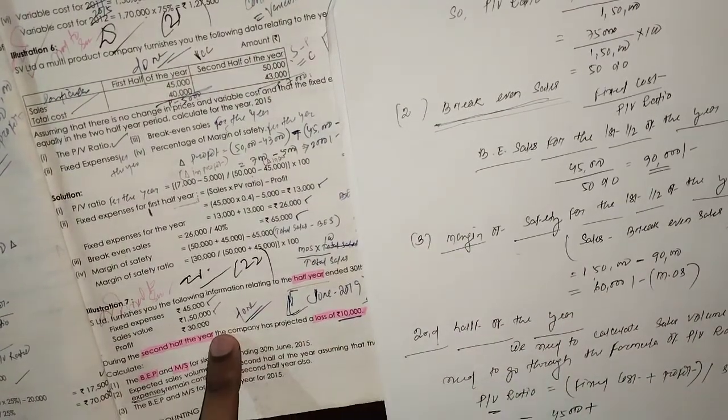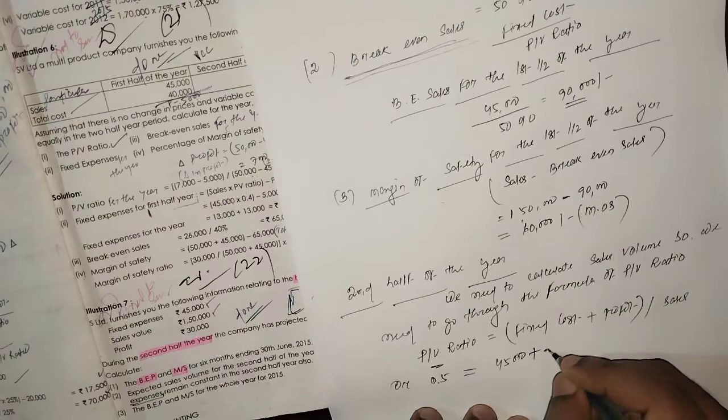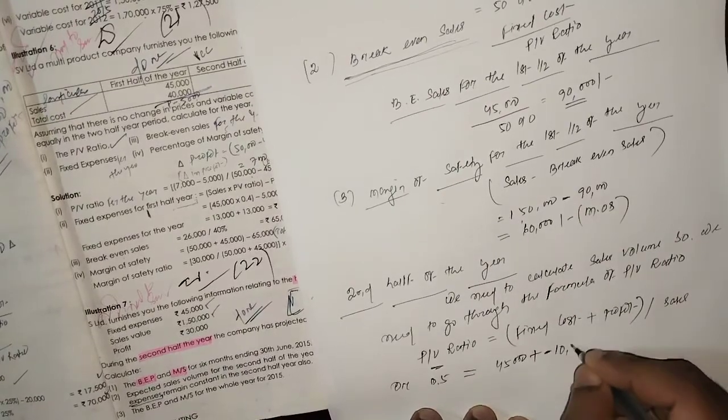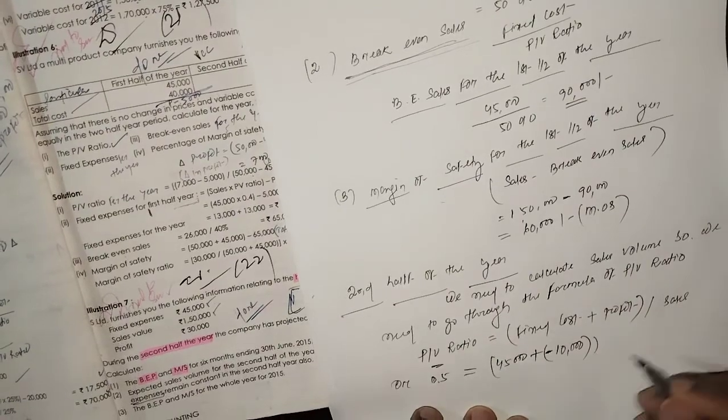During the second half of the year the company has projected a loss of rupees 10,000. So here it will be under माइनस. ये लॉस है इसलिए हम लोग उसको माइनस में रखते थे.